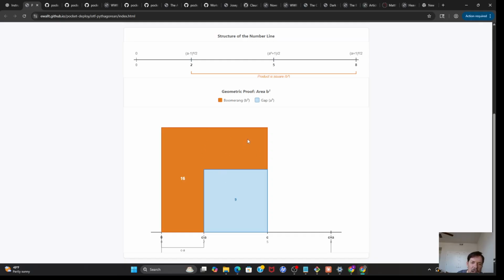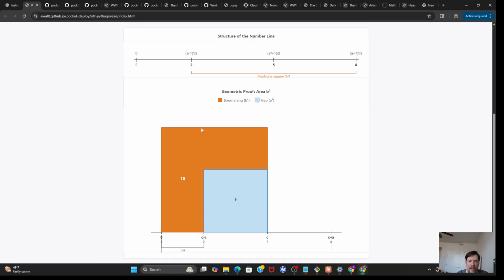And then the area of the other rectangle: this width is C minus A, because the whole thing is C, and this is A. So the length is A. So here we've got C minus A times C, here we've got C minus A times A. So we've got C minus A times C minus B. That is the area of the boomerang.